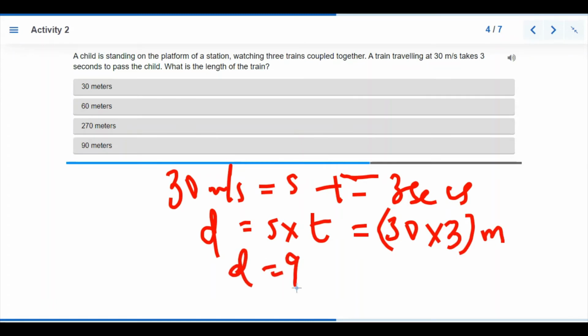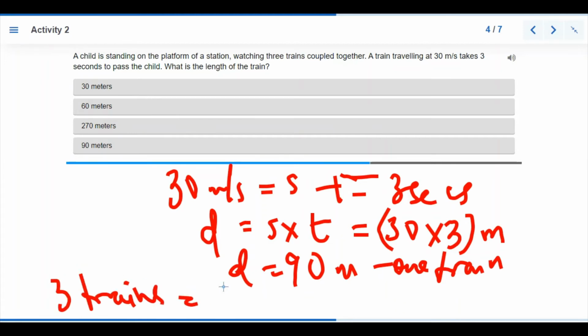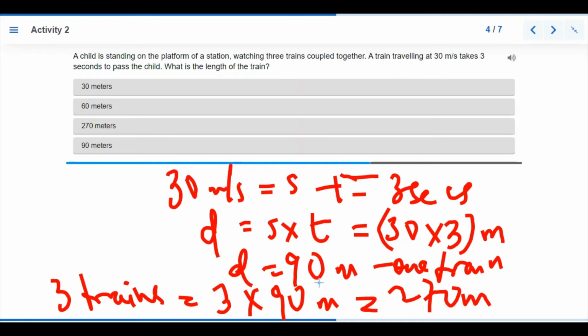Distance is 90 meters for one train. So for the 3 trains, that's 3 times 90 meters. That's 270 meters. Do we have it as an option?